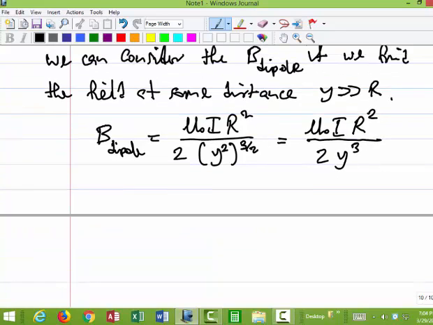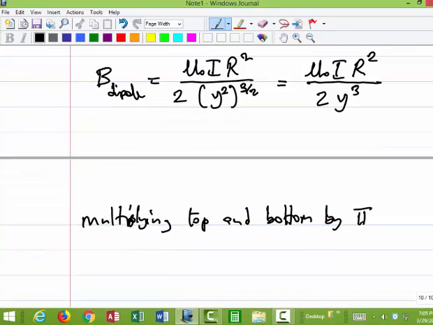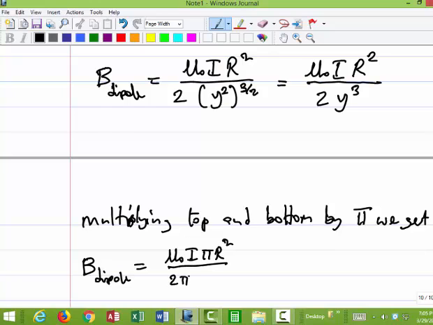To make this into the form of a dipole, let's make some additions. We want the current times the area of the loop. So let's multiply the top by pi and the bottom by pi. Multiplying top and bottom by pi, we get B dipole equal to mu naught I pi r squared over 2 pi y cubed.